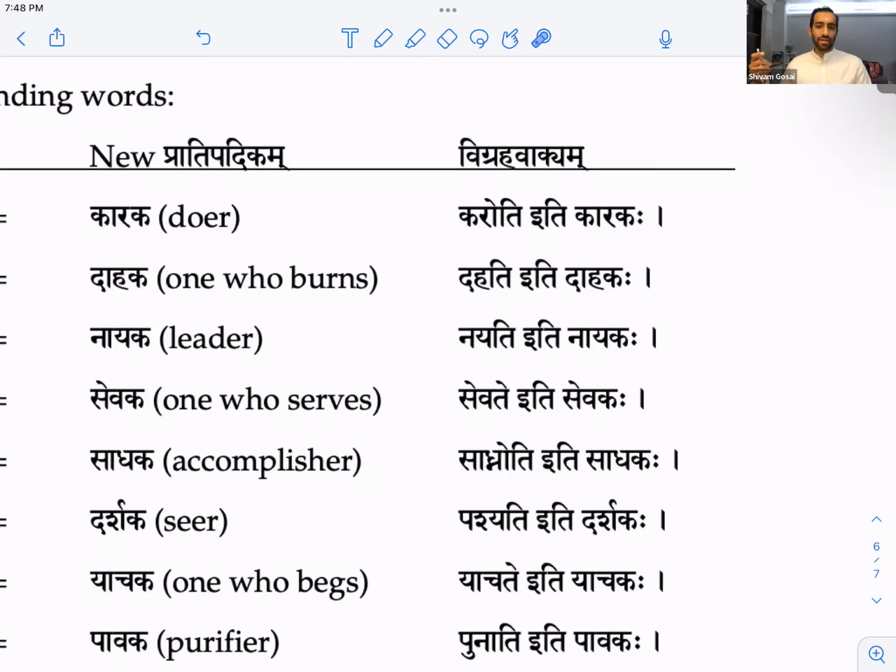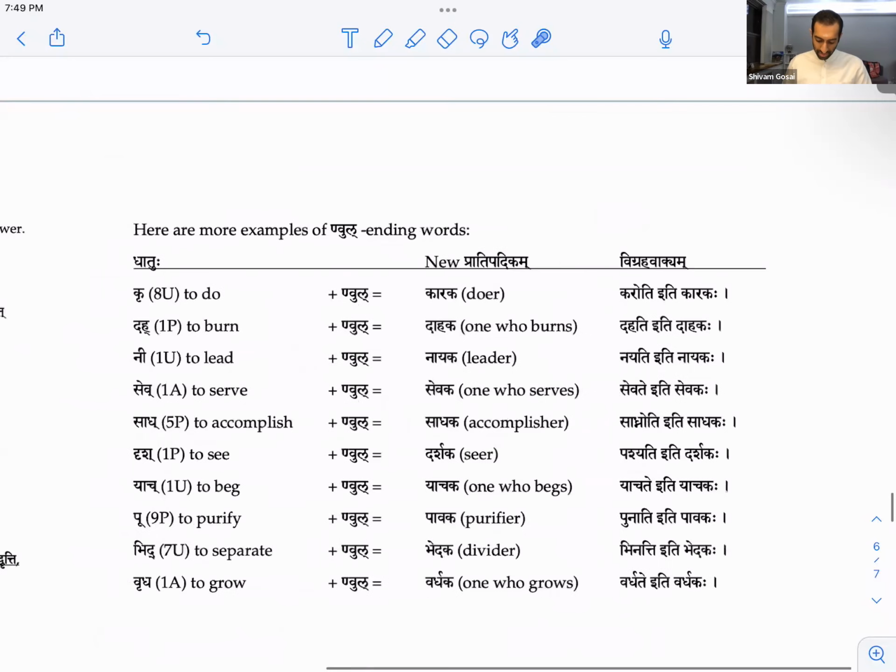Either way, it is probably easier just to start with the 1-1 and then go to the 5-3. So we use the tad shabda to convert the word. That's how we use it in the Vigraha Vakya.